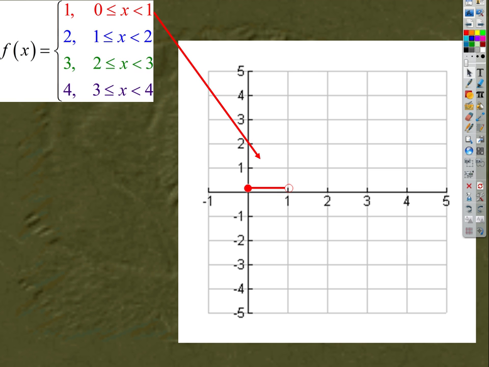Y equals 2. If I were to graph that line, it goes forever, with a y-intercept of 2, but I don't want the whole thing. I only want the part where it's active, where it's switched on, and that's right there. I'm going to have a closed endpoint at x equals 1. If I start at 1 and go up, I have a closed endpoint there.